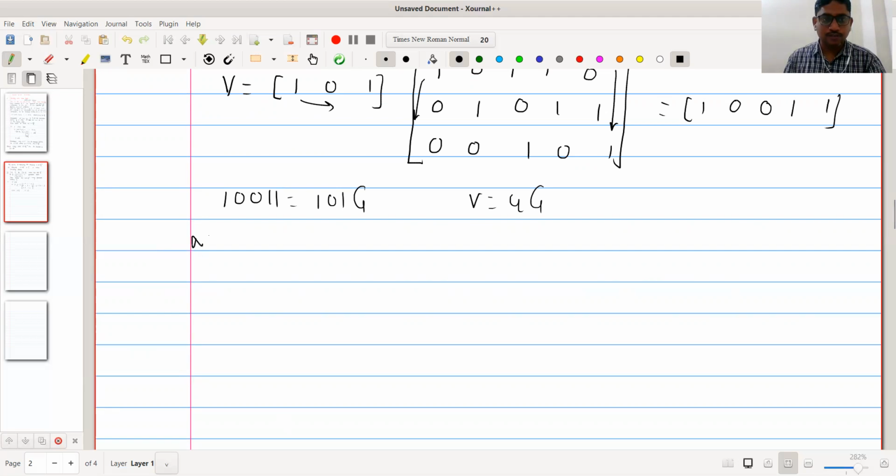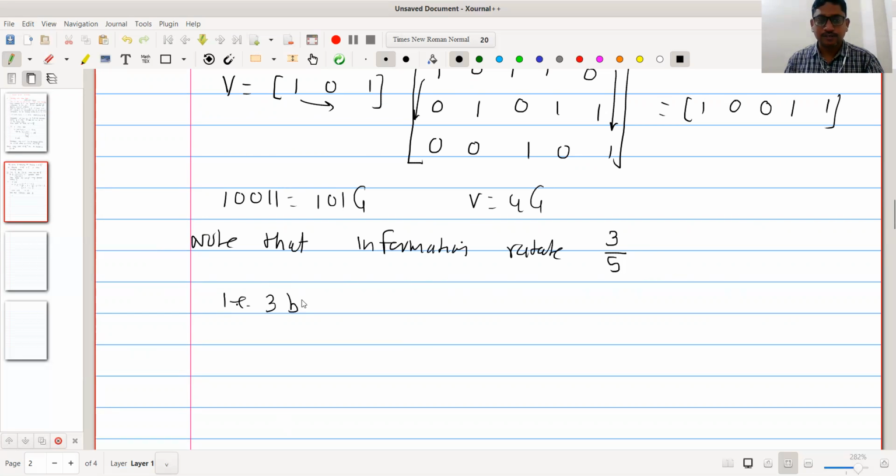We can also note from this example. Note that the information rate of C is... How one can find information rate? Information rate can be found by using dimension divided by length.